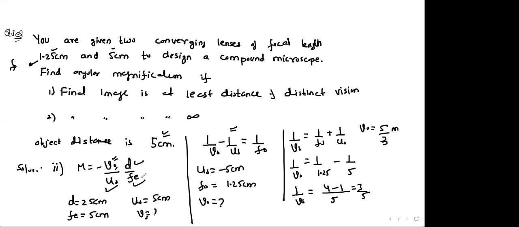So once you have V naught, you can just substitute all values. Okay, do it now. Now put all these values here, get the value of M, and then try to solve part 1.